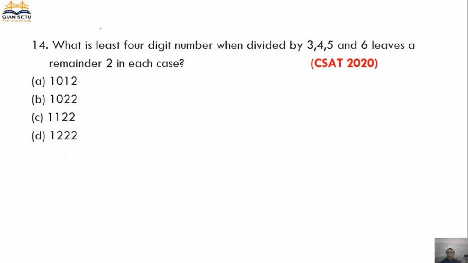Let's move to question number 14. What is the least 4-digit number which, when divided by 3, 4, 5 and 6, leaves a remainder 2 in each case? Now first of all, let's see what is the LCM of 3, 4, 5 and 6.